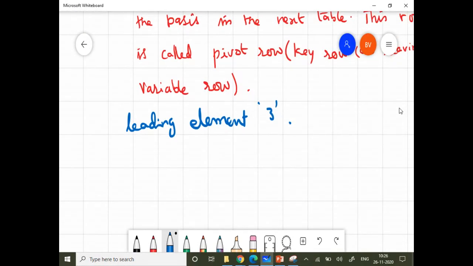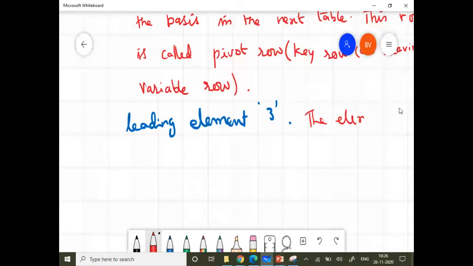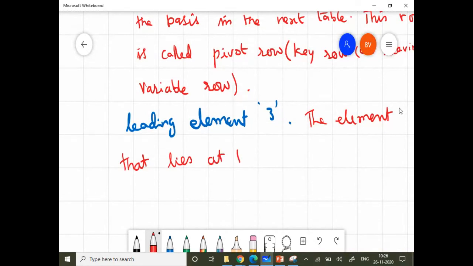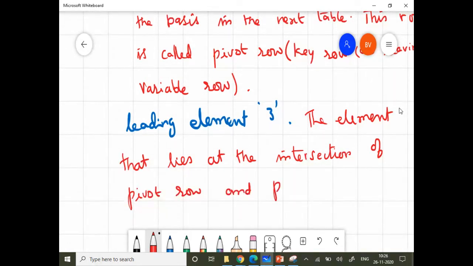The element that lies at the intersection of pivot row and pivot column.